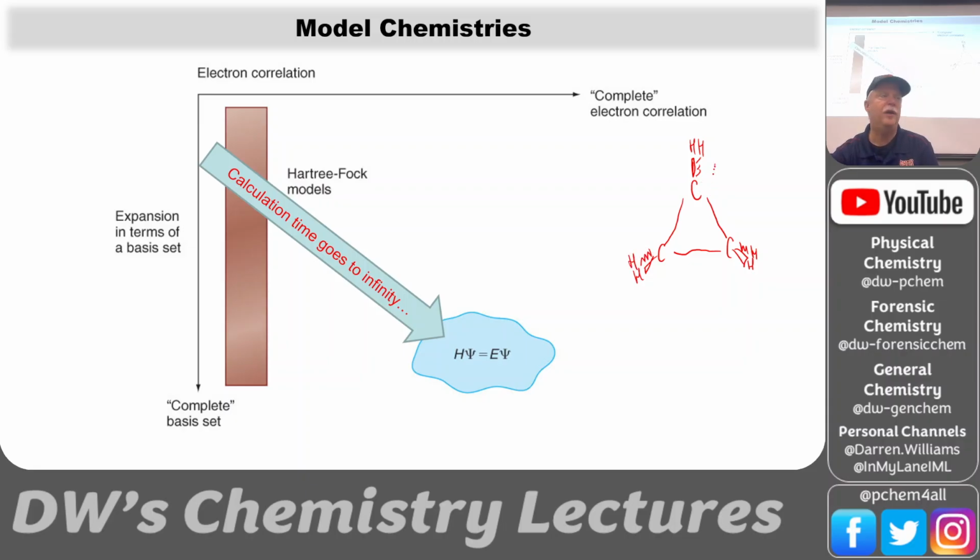So there's cyclopropane. Everybody okay with that? How many electron domains are around each carbon? We've got one here, one here, one there, and one there. 4 electron domains.